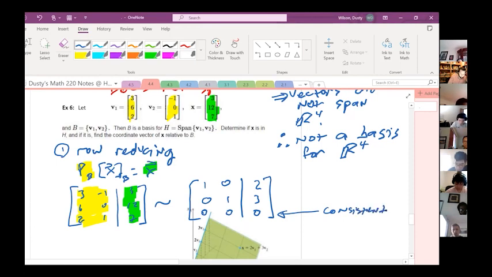And so the first part was, let me determine if X is in H. It's consistent, so that's telling us that X is in H. Okay.